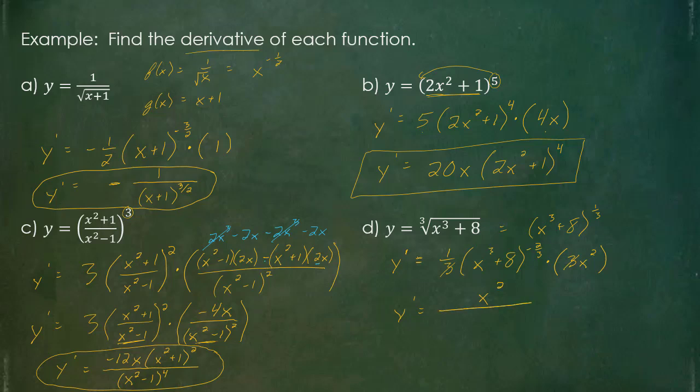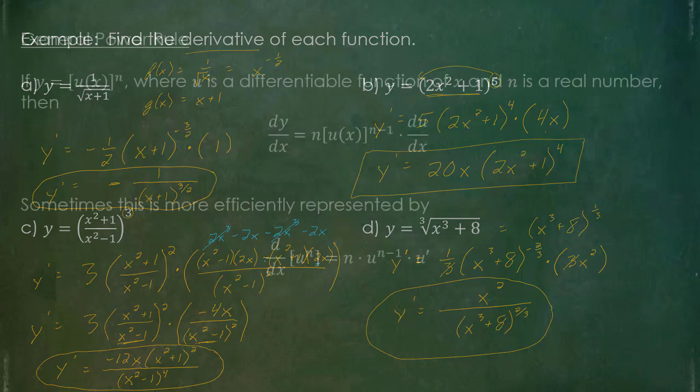And then the bottom, I would be able to say it's that x cubed plus 8, then being raised to that 2/3 power. So again, I'm just dealing with the negative exponent by dropping it to the bottom, and anything that didn't have a negative exponent, I kept on top. So that's where the x squared came from on top, and the (x cubed plus 8) to the 2/3 is on the bottom.